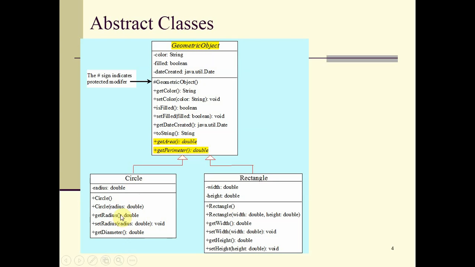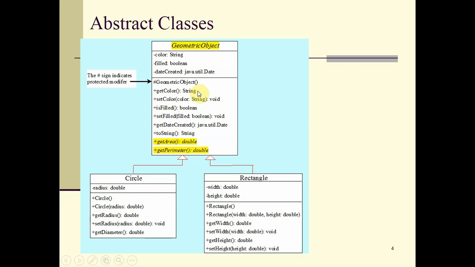In the inherited subclass you don't need to have these methods defined, but you need to implement them in each of these classes. Here, the hash sign indicates the protected modifier. The minus is private, the hash is protected, the plus is public. This is to show the modifier only.